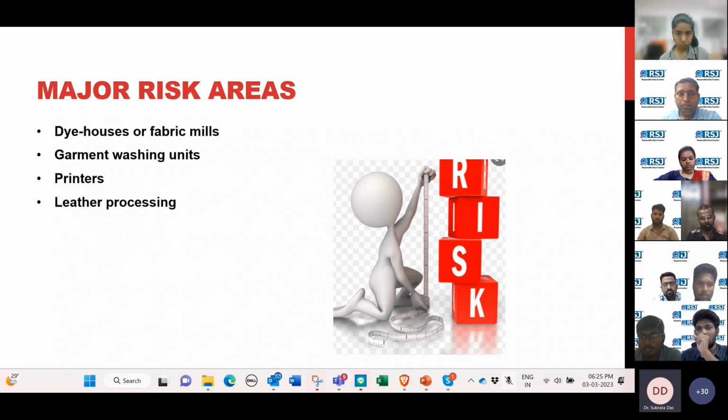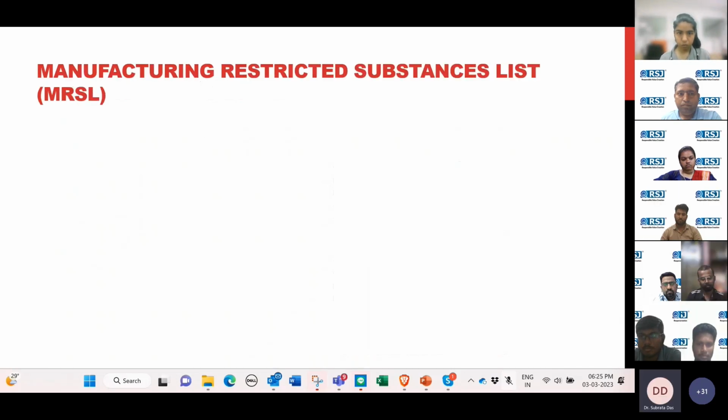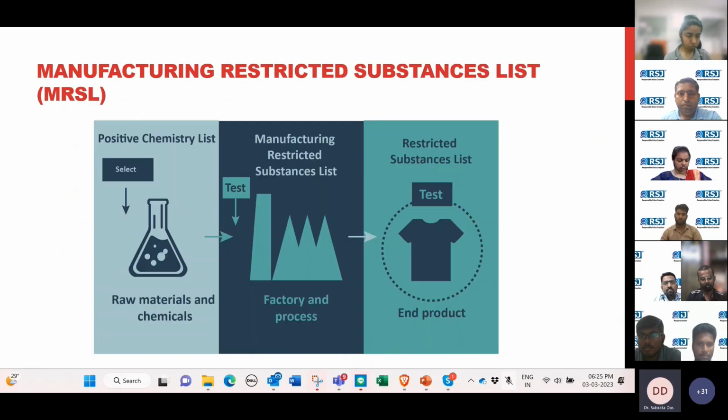That's why I was talking about the MRSL, the manufacturing restricted substances list. The raw materials and chemicals are tested in the end product as RSL, but they will be tested at the manufacturing stage itself, in different processes, as MRSL.